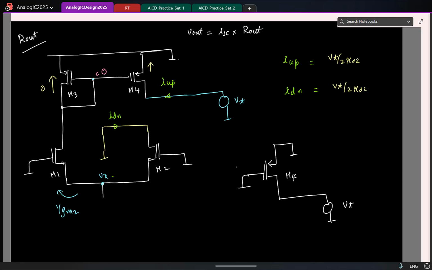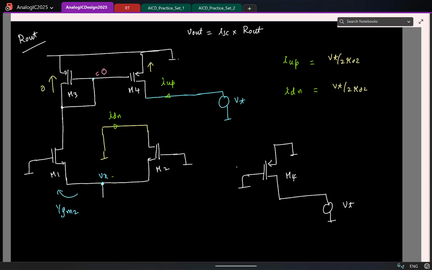R0 of which transistor? Is everyone understanding this part? The small signal gate voltage is 0. So if I were to draw M4 alone, this is how it is going to look like: a transistor whose gate and source are shorted. For small signals, how can you model a transistor as?